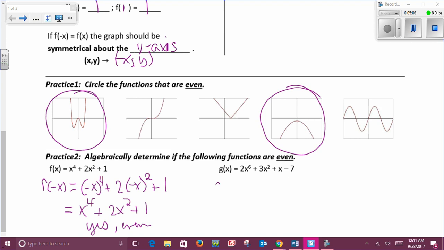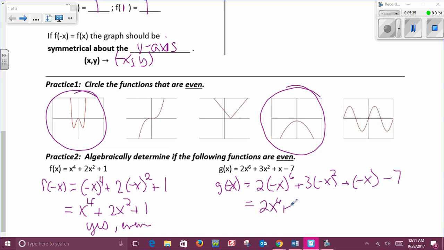For g of x, I'm going to do the same thing, substitute in negative x for x, so 2 times negative x to the 6th plus 3 times negative x squared plus negative x minus 7. So negative x to the 6th is x to the 6th, so I have 2x to the 6th plus negative x squared is x squared, so I have 3x squared, plus a minus, so it's minus x minus 7.